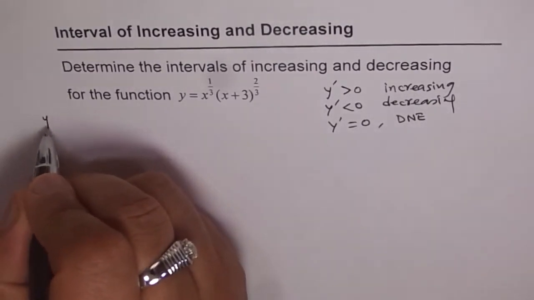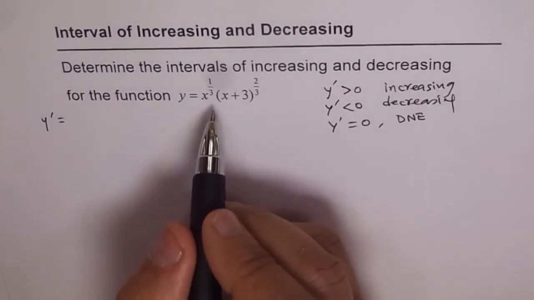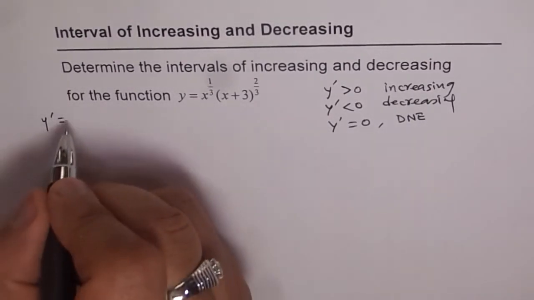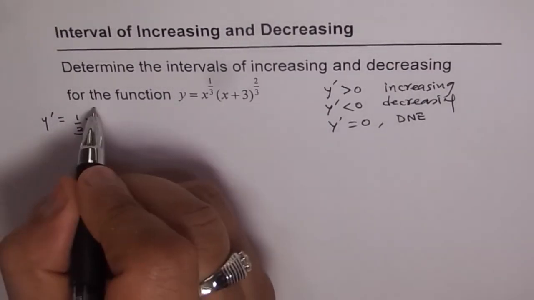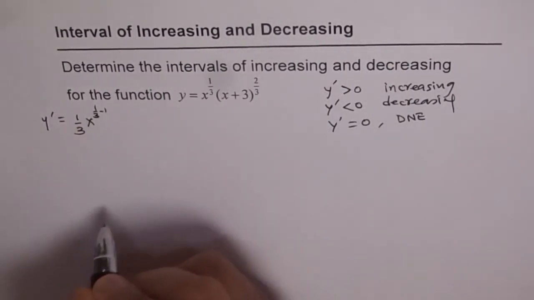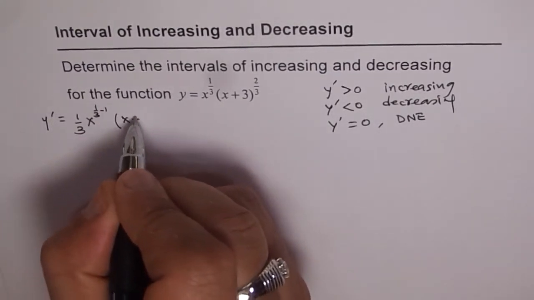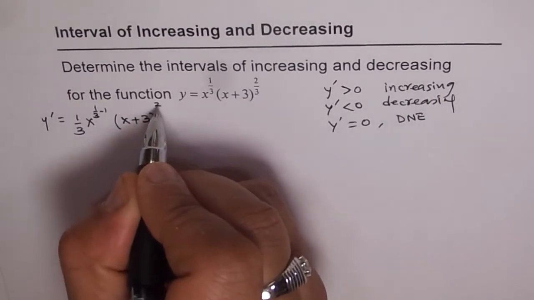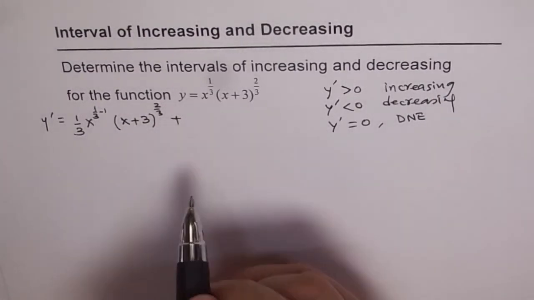So we have y dash equals the derivative of the first function, which is x to the power of 1 over 3, will be 1 over 3 x to the power of 1 over 3 minus 1, times the second function, which is (x plus 3) to the power of 2 over 3, plus the derivative of the second function.